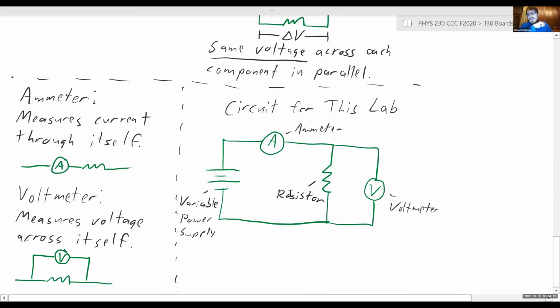So we're going to be using this basic circuit to measure voltage and currents of a resistor at various different voltage values. We're going to be using Excel a little bit to graph those values and see if we get a linear relationship, which will help us find the resistance of these resistors. All right, I'll see you all in lab.